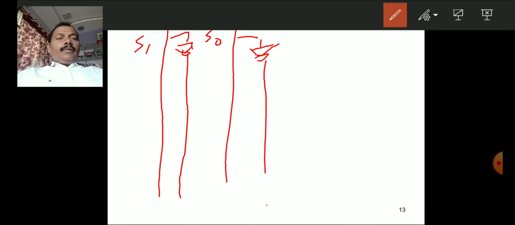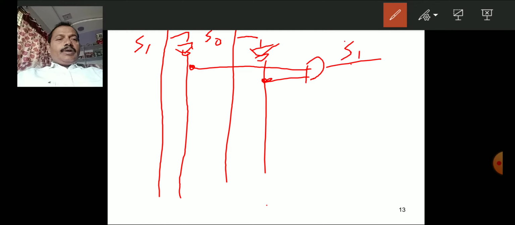For Q0, one AND gate you have to take. Connect S1 bar and S0 bar.